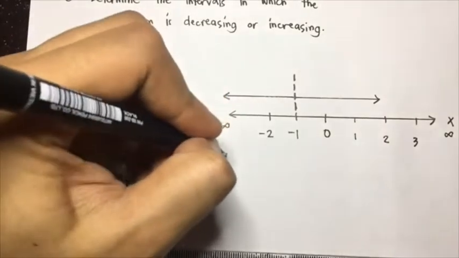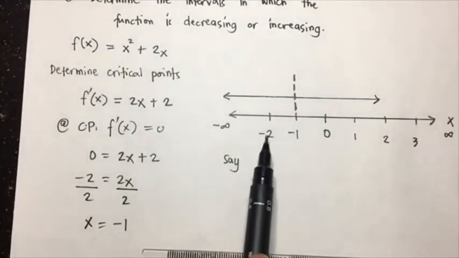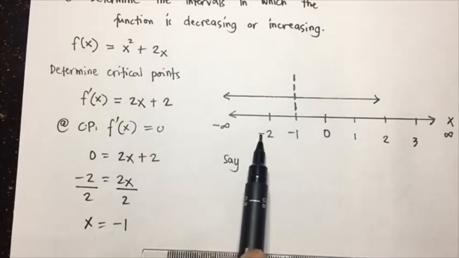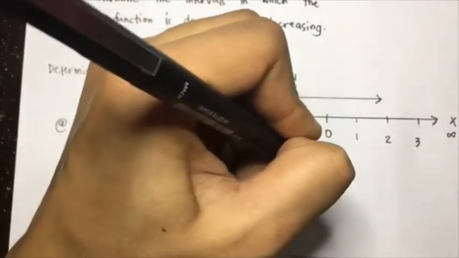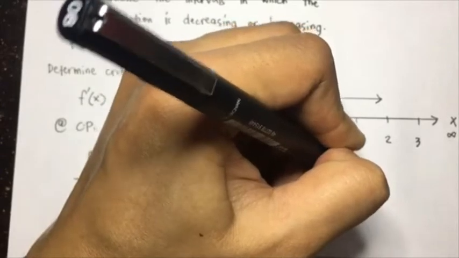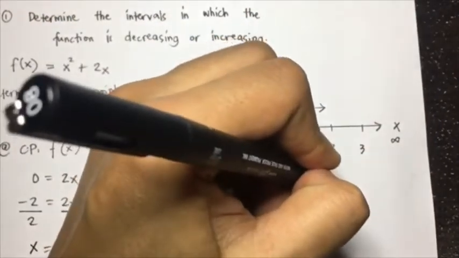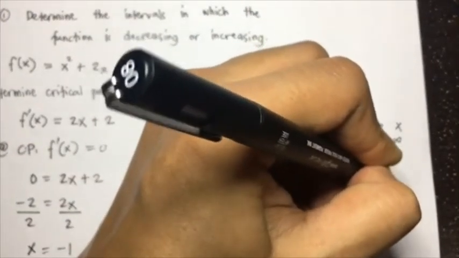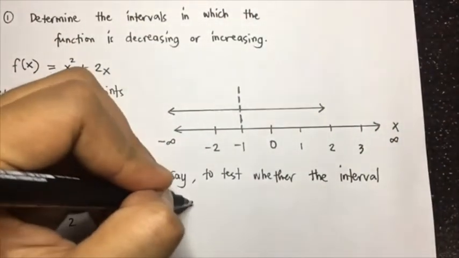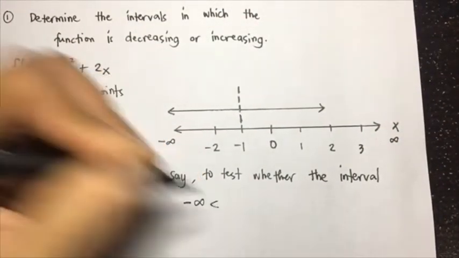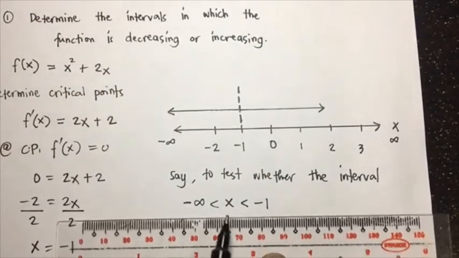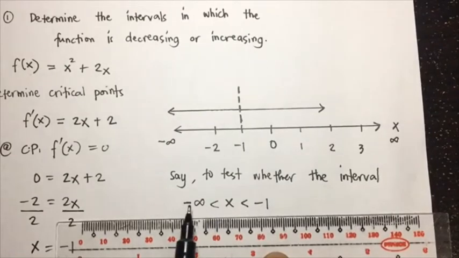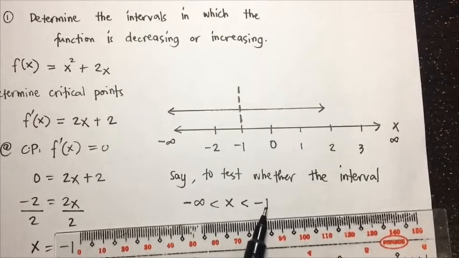So say we use negative 2, to test whether the interval of negative infinity is less than x is less than negative 1. This is how you write it, meaning that is from negative infinity to negative 1.